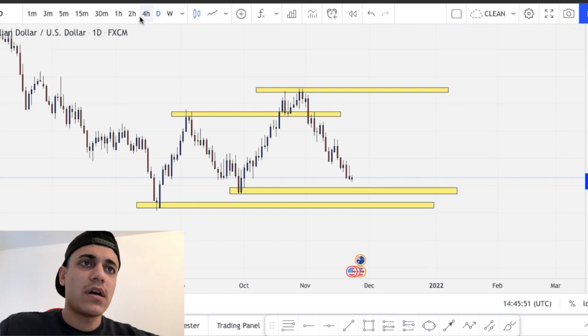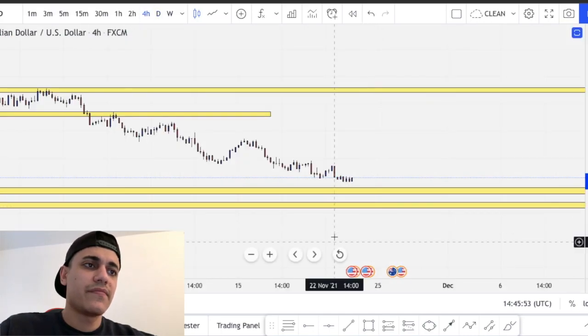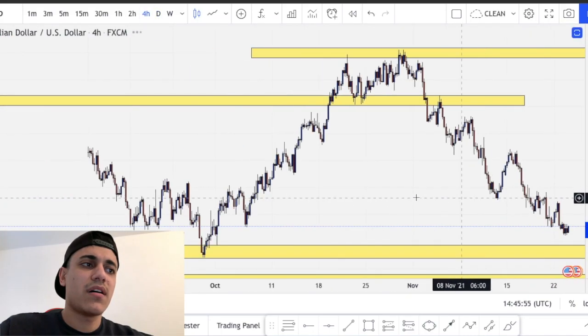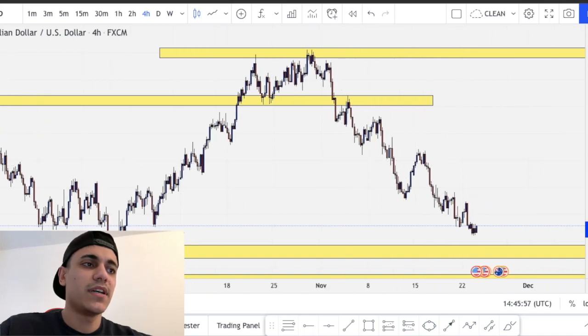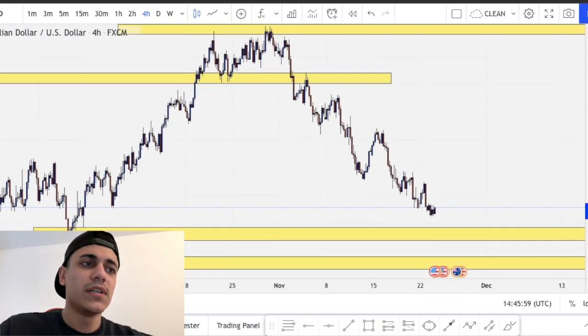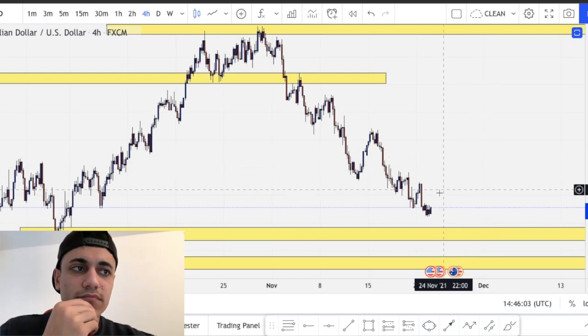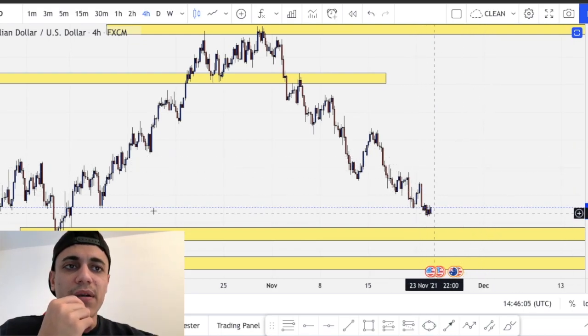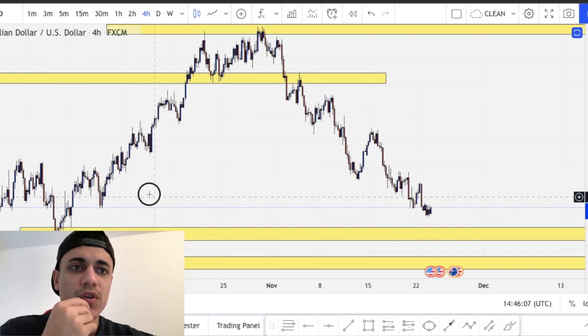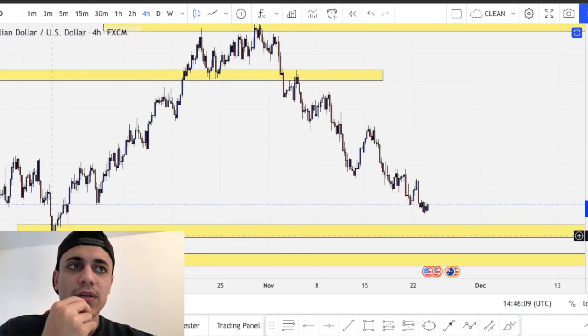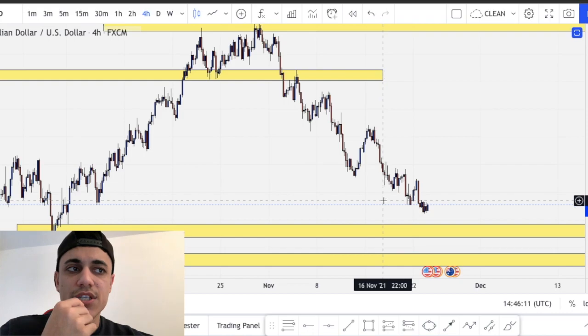Now, I like to go down to the 4 hour. The 4 hour is where I honestly look for a setup, right? In this case, we see we are very close to our higher low from the daily market structure.